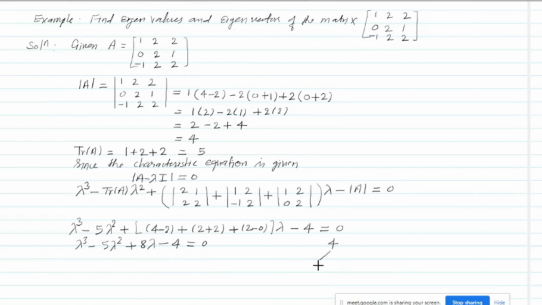Okay, 4 can be divided by 1, 4 can be divided by 2, and 4 can also be divided by 4. But what if I add or subtract?